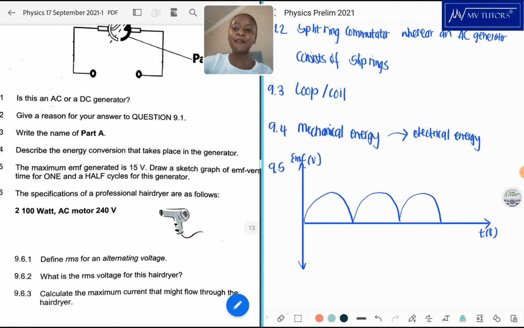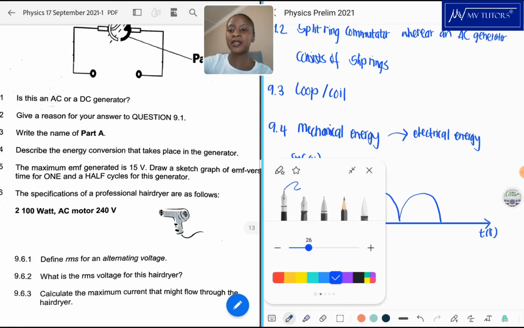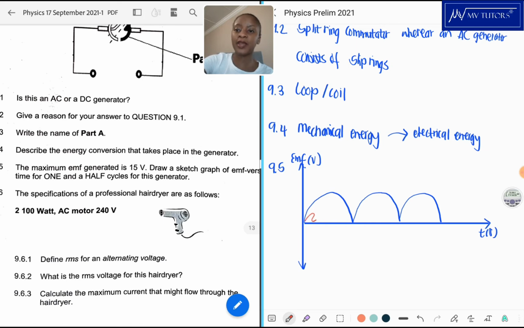If you had an AC generator, it's like a complete wave. So you would have your first half and then the full wave, and then you'd have 1.5 like that. So that is the difference between the two. But we are dealing with a DC, not an AC.